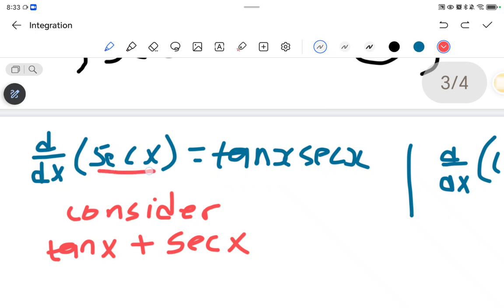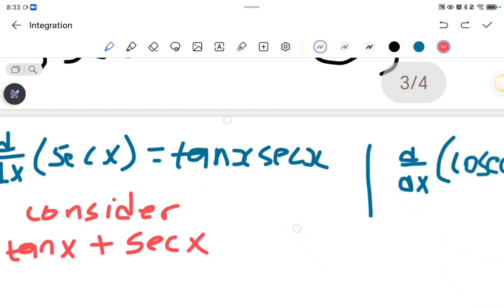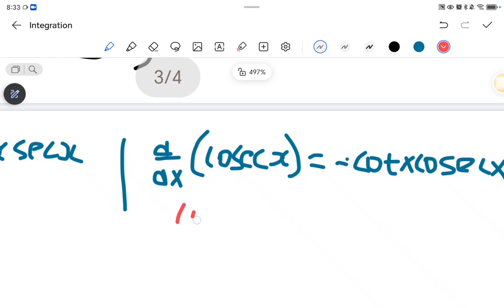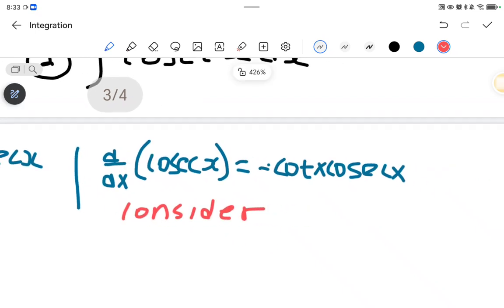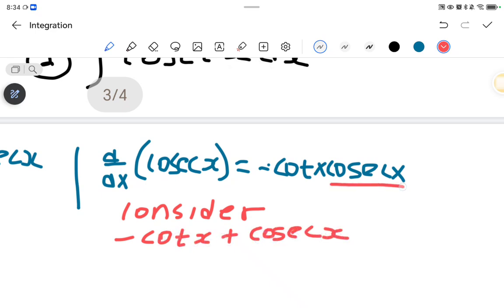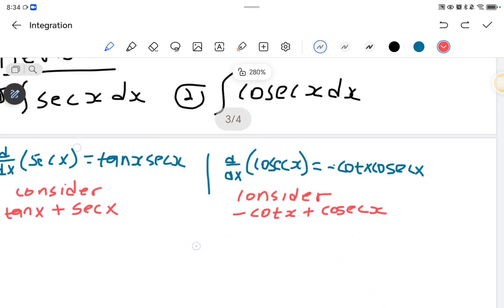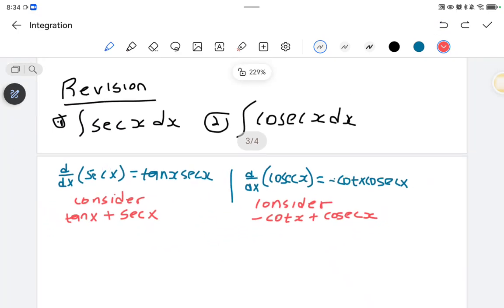Like for sec, we put sec x at the end. Then here we consider minus cot x, and we put plus in between cosec x. Make sure that the function you're dealing with is always at the end, or else you'll have a wrong solution, because the cot should be negative. You just put a plus in between these two functions.